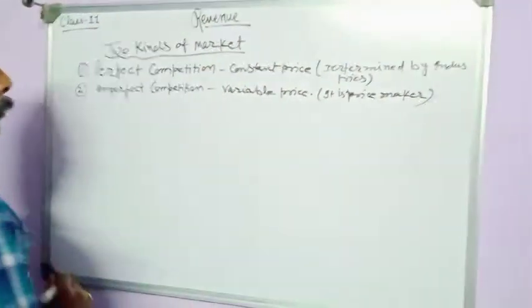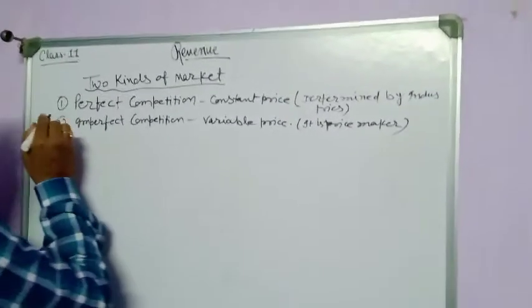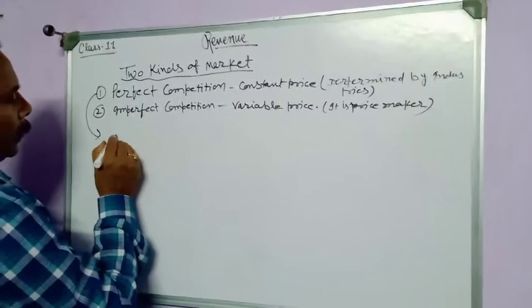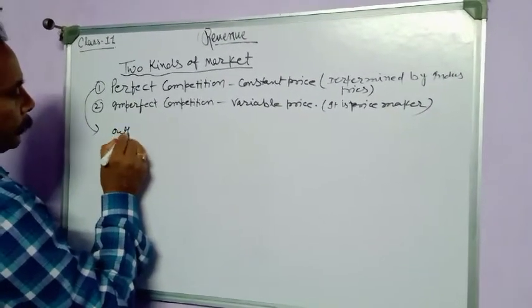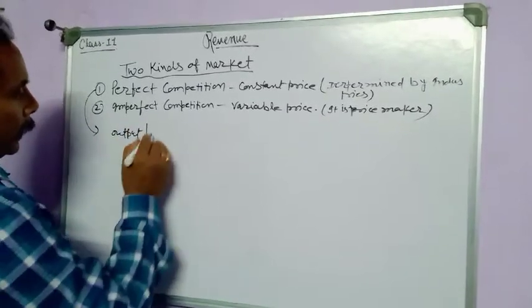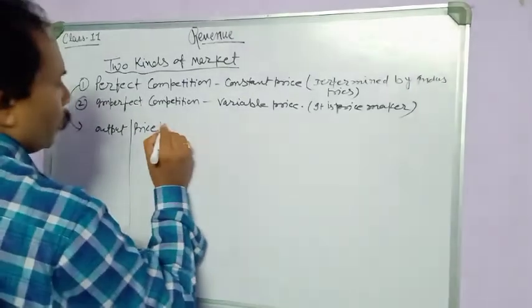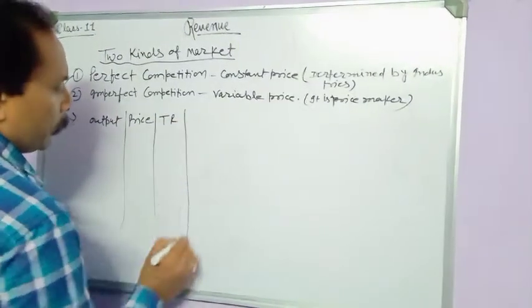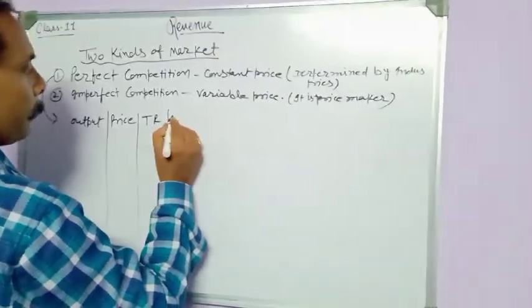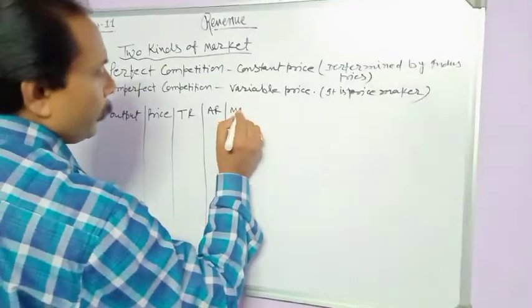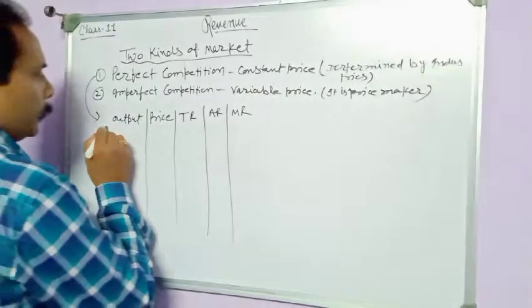Clear? Now in the case of perfect competition, suppose here is the output, here the price, here the total revenue, here the average revenue, and this is the marginal revenue. Is it clear?